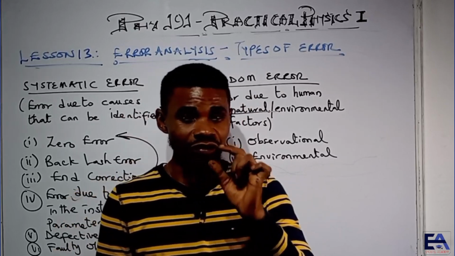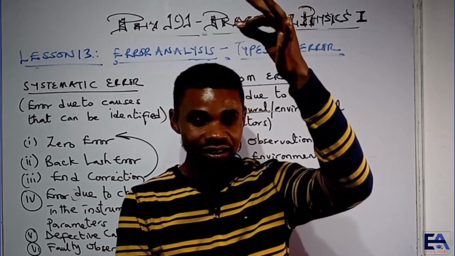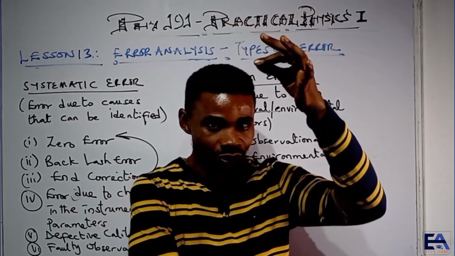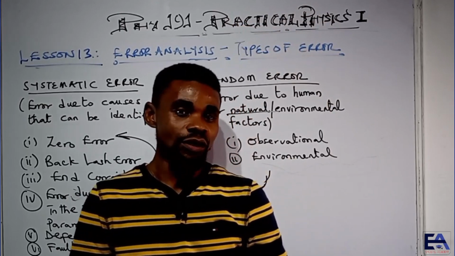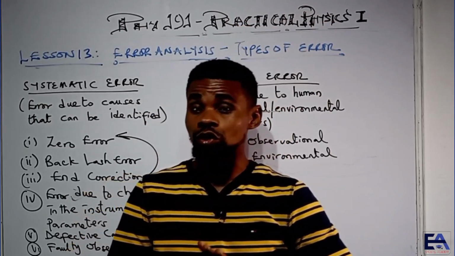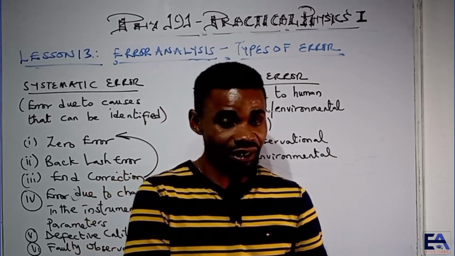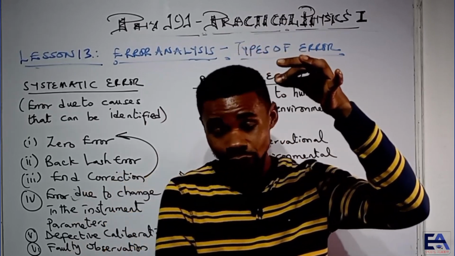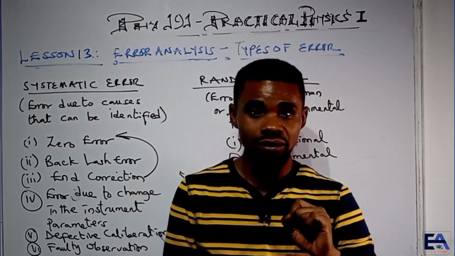For each reading of the length of the pendulum, when the length is 100 centimeters, you allow it to swing, then you reduce it to 90, you allow it to swing, you reduce it to 80, you allow it to swing, and all of that, okay? So if I want to be so accurate with my measurements, even before I reduce the length to another length, for the initial length I took, which is 100 centimeters, I will make sure that I do it up to 2 or 3 times.